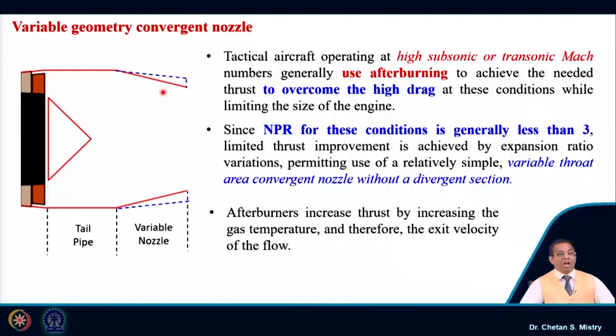But here we have constraints in terms of nozzle pressure ratio. If I am incorporating my afterburner, I will have a nozzle pressure ratio of more than 3, and under that condition my convergent nozzle will not help, and we need to go with a variable area nozzle.